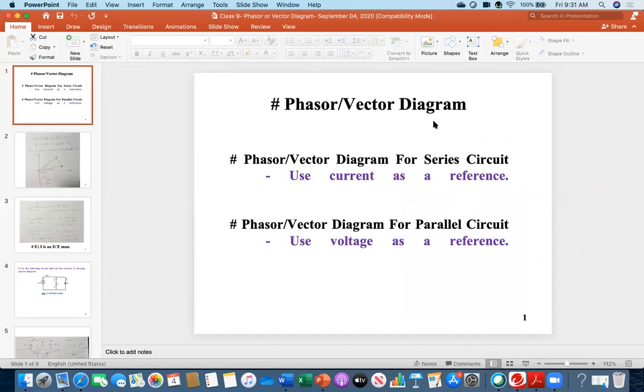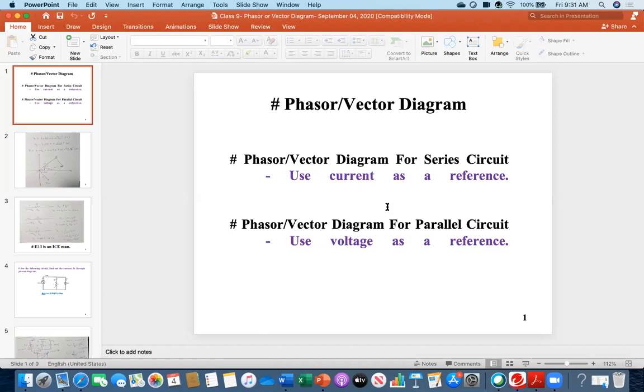With the help of a phasor or vector diagram, you can represent the circuit components. I have written two things, which I will come to later: for a series circuit, use current as a reference, and for a parallel circuit, use voltage as a reference.